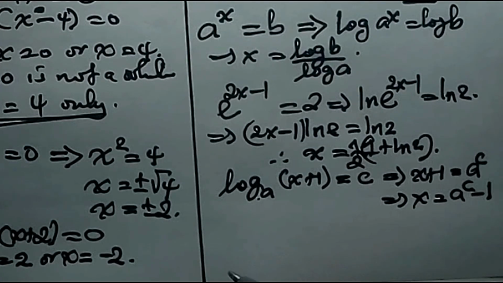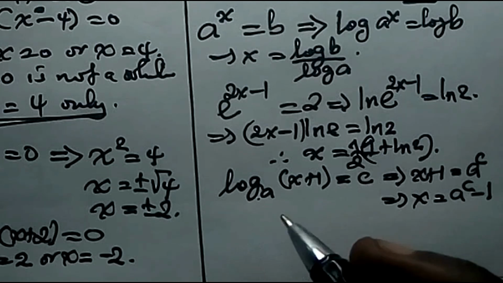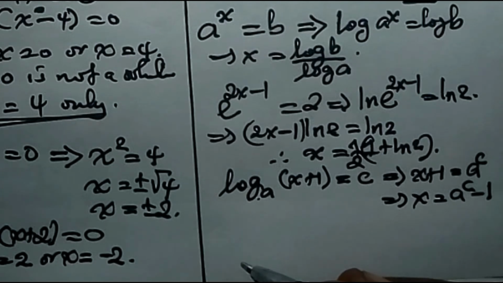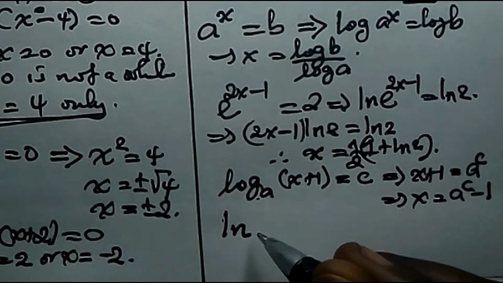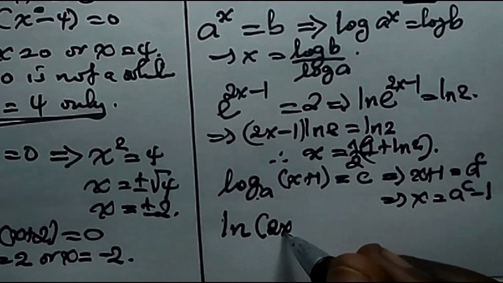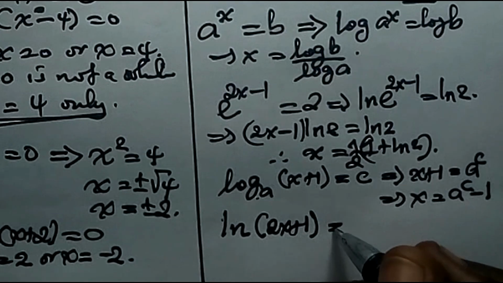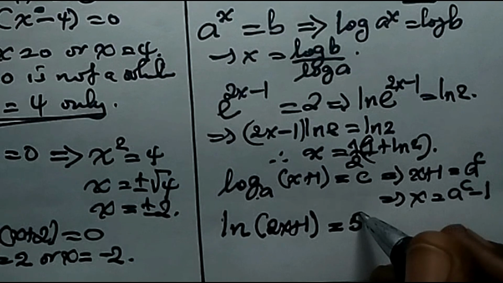From time to time, you would mostly be dealing with, again, log to base e or natural logarithm in equations. I could have ln of 2x plus 1 equals 5.